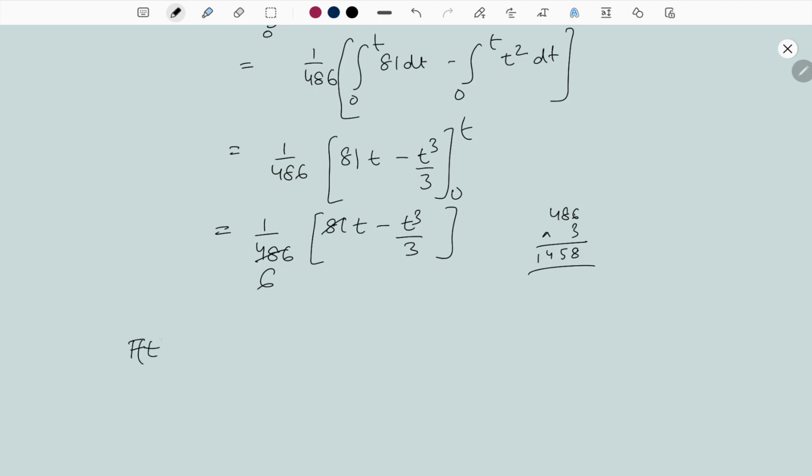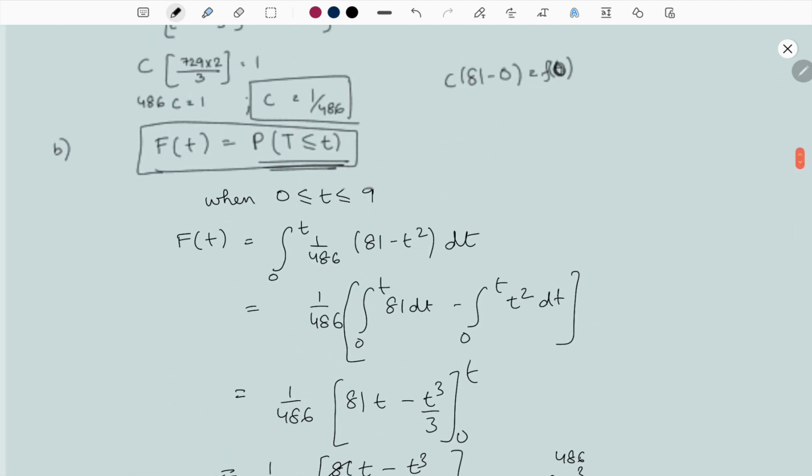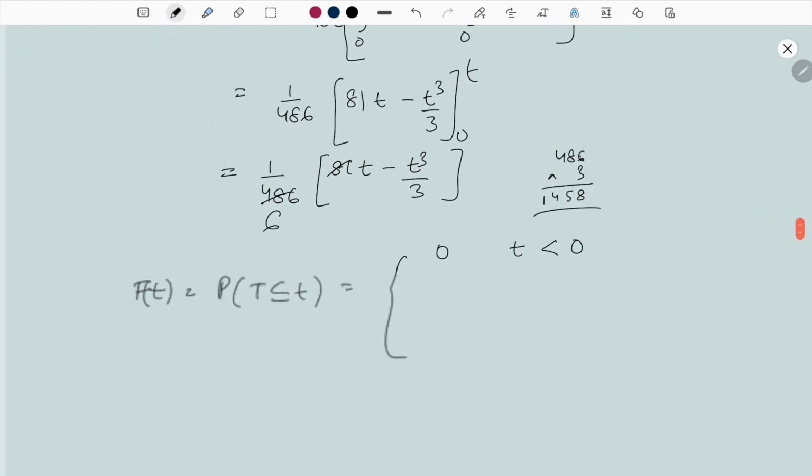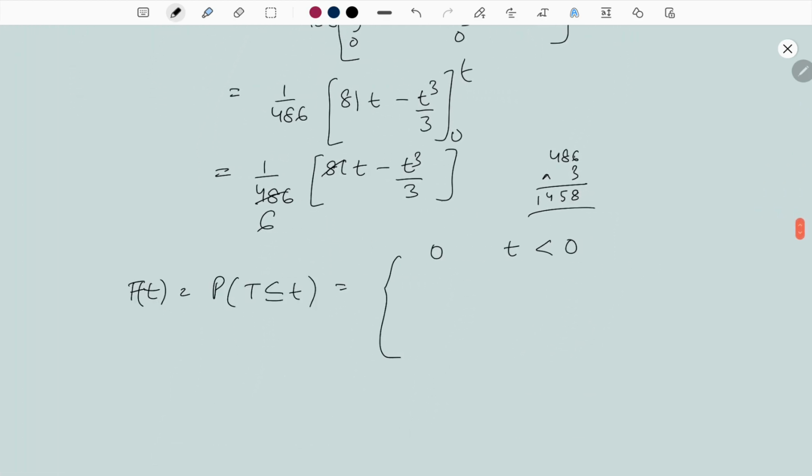So we can make a cumulative distribution function. F of t will be equal to P of T less than or equal to t, which will be equal to 0 when t is less than 0, because we mentioned t greater than 0. For t less than 0, it would be 0.